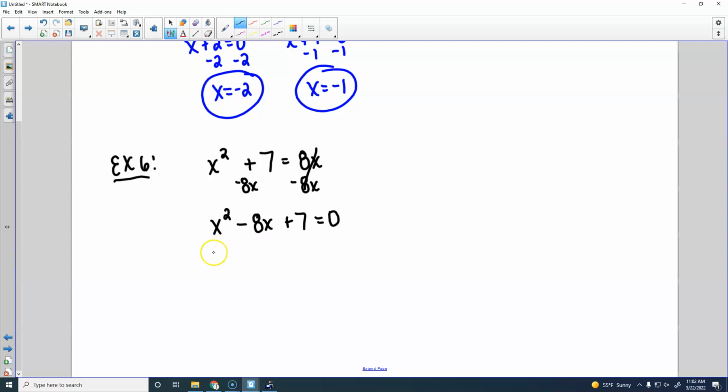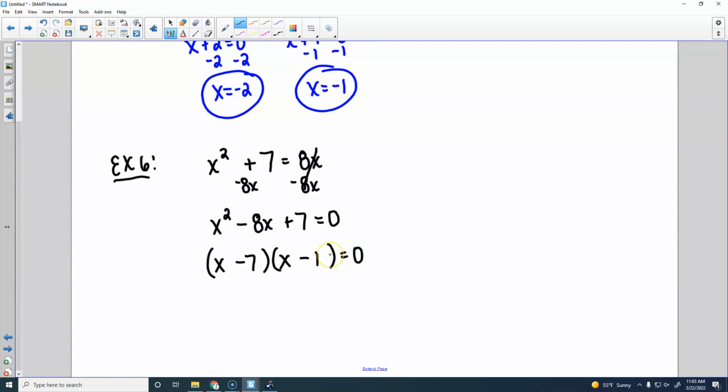And then we are going to factor this. So, Vince, to factor this, I'll have to have an x and an x. What numbers could I use here? Okay. Positives or negatives? Okay, we need those negatives. So, negative 7, negative 1, equals 0.